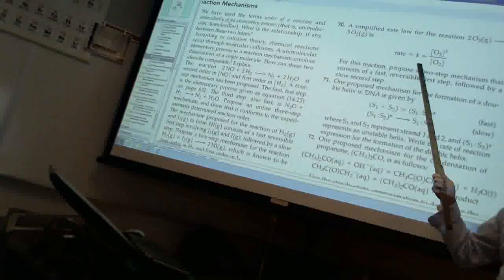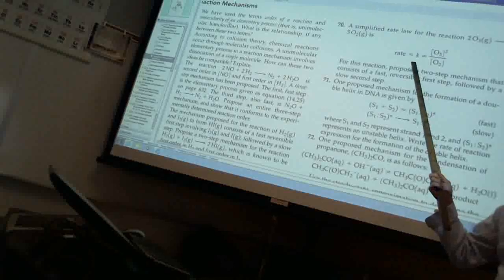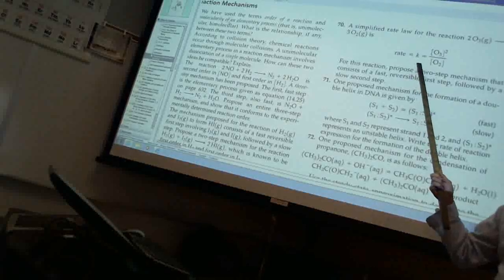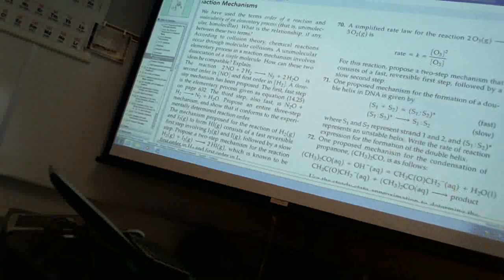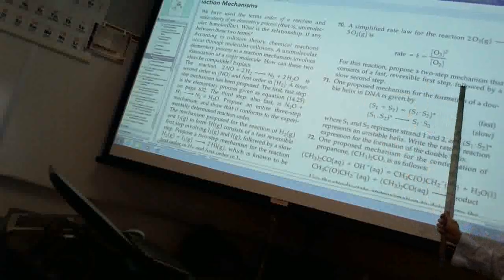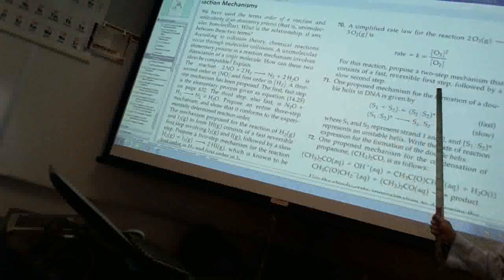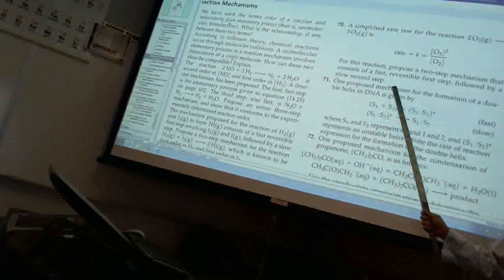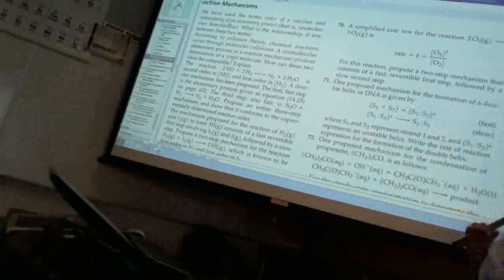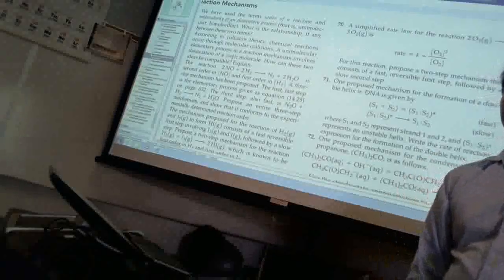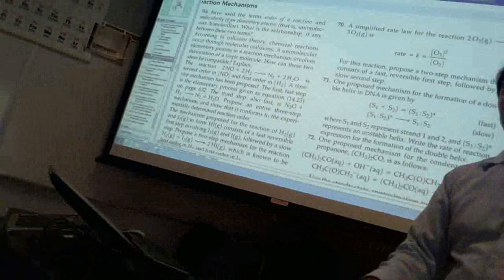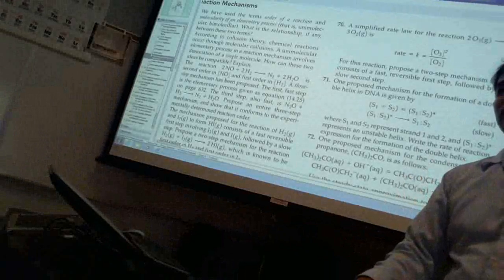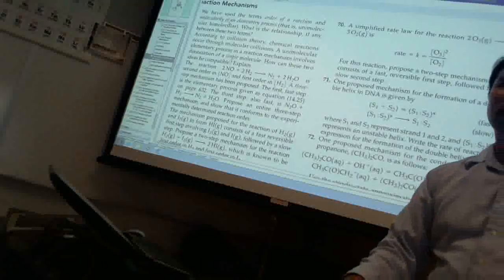And so take 2 minutes to try to figure out, if it doesn't happen in one step, propose a 2-step mechanism that consists of a fast, reversible first step, followed by a slow second step. Just try it right now.